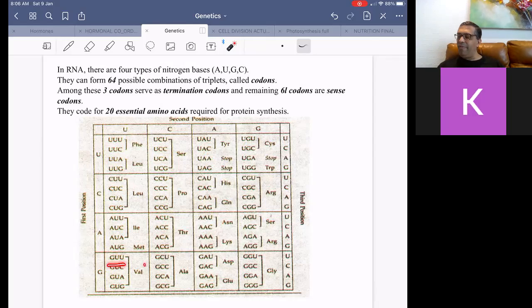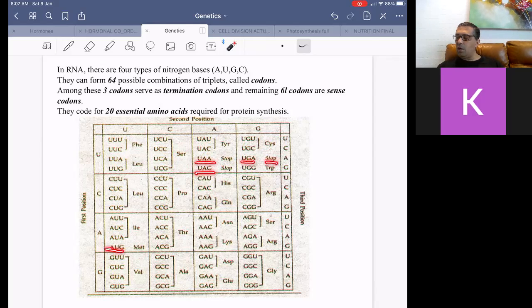GU series codes for valine, and then you have serine, and then you have proline, you have threonine, you have alanine, you have tyrosine, you have UAA and UAG called stop codons, and then you have histidine, you have glycine, you have aspartic acid, lysine, glutamic acid, cysteine, and you remember UGA is also a stop codon. So UAA, UAG, UGA are all stop codons.